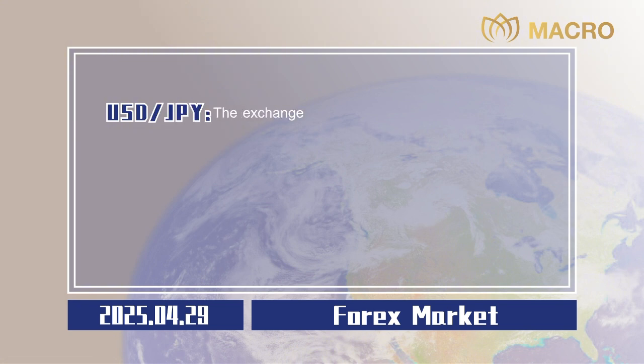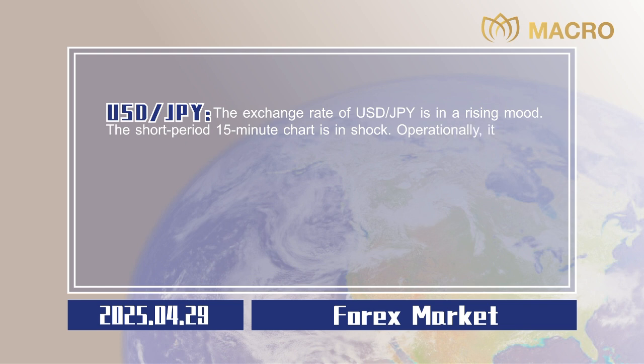US dollar to Japanese yen. The US dollar to Japanese yen exchange rate is in a rising mood. The short-term 15-minute chart is in consolidation. Operationally, it can be sold high and bought low in the interval of 141.95 to 142.59.